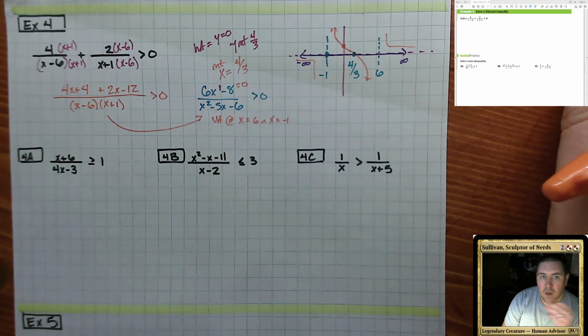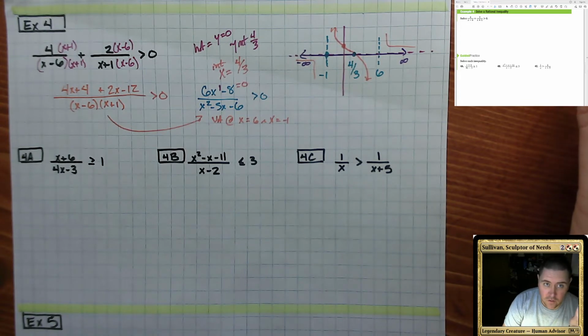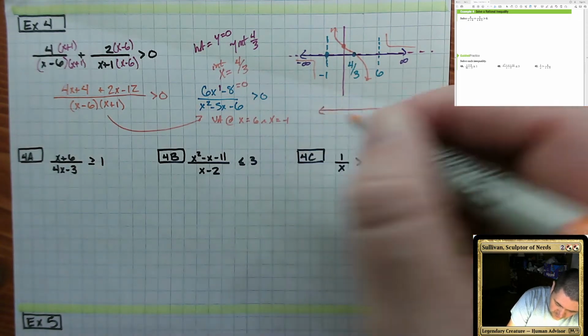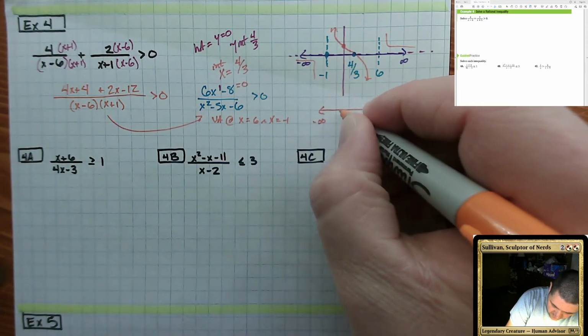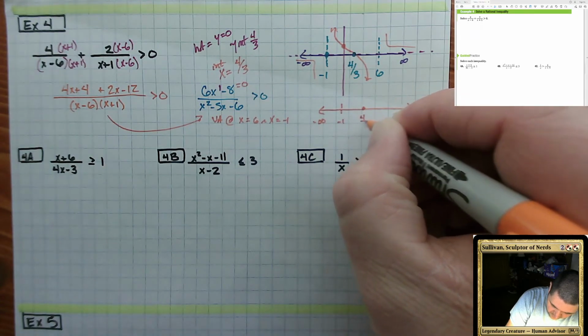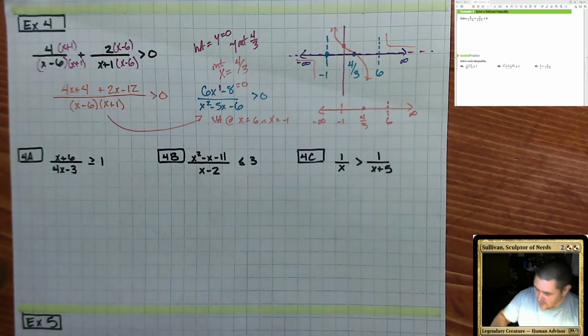Now, I could just know that behavior because I know rational functions well enough, or I get my number line: negative infinity, negative 1, 4/3, 6, infinity.